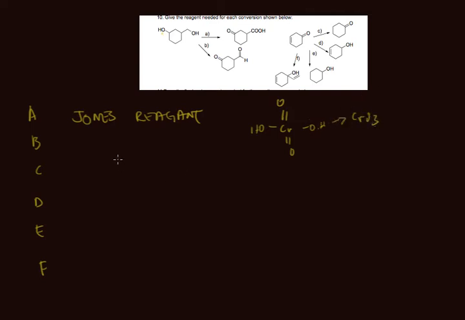Check out those notes for a more detailed explanation, but Jones reagent is a strong oxidizer, and it will oxidize an alcohol to an aldehyde, and then continue oxidizing it to a carboxylic acid.